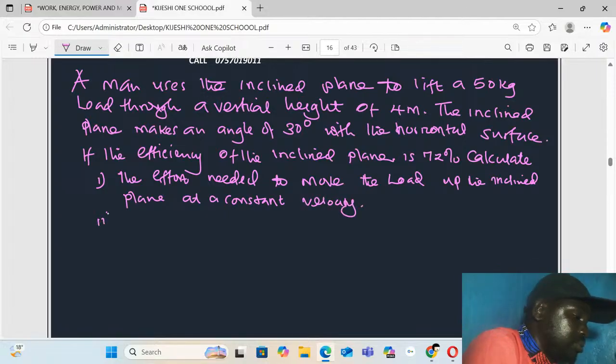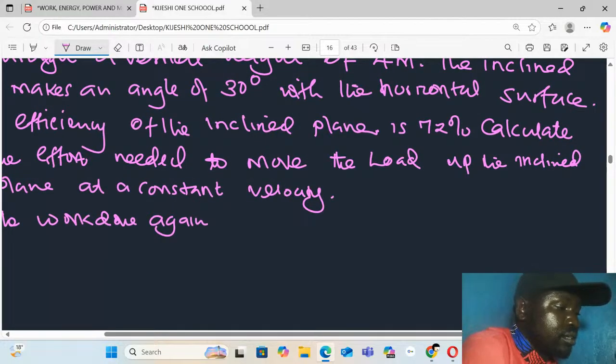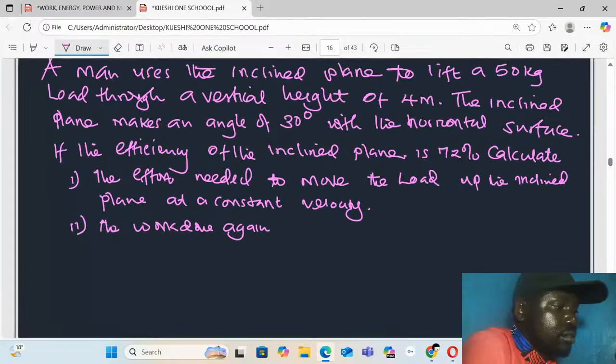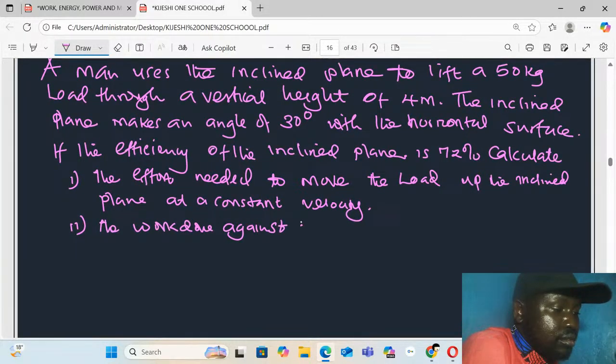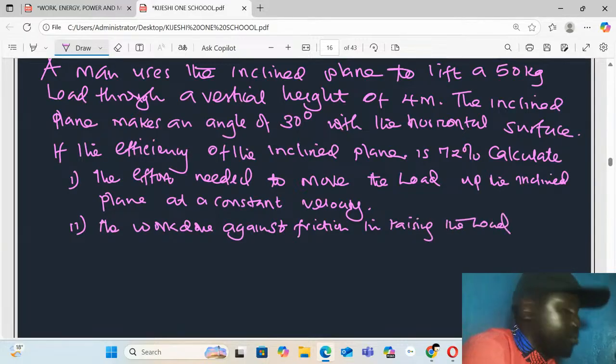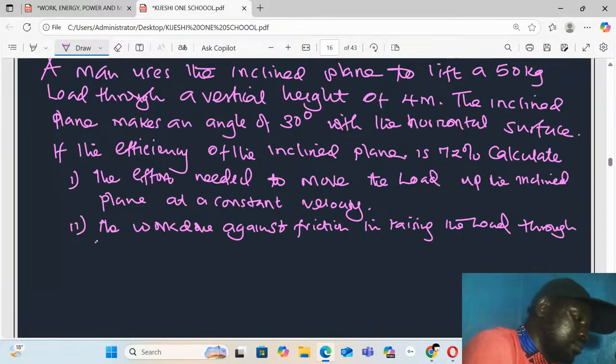Then we have part 2, the work done against friction in raising the load through the height of 4 meters.